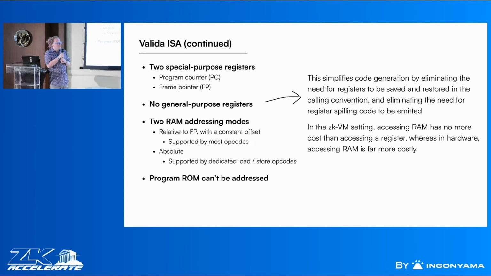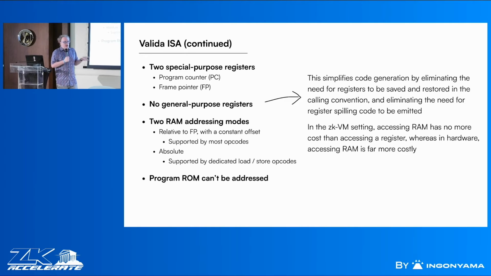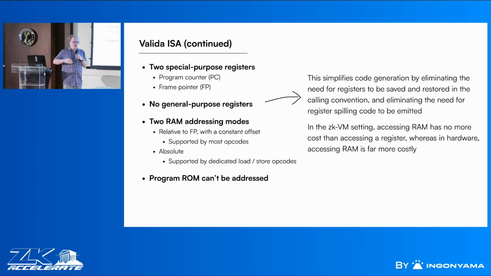Okay, so I think one of the things in our ISA that makes it a lot more performant than RISC-V is that we eliminated registers. This matters particularly in the setting of the Stark constraint system, more so than it would in something like RISC-V, because a natural choice for designing the circuits would be to have one trace column for each register.